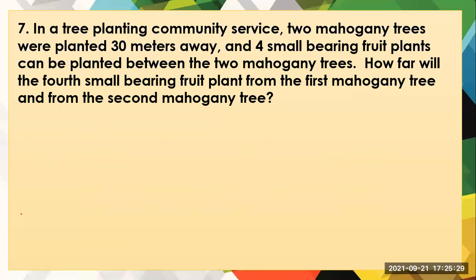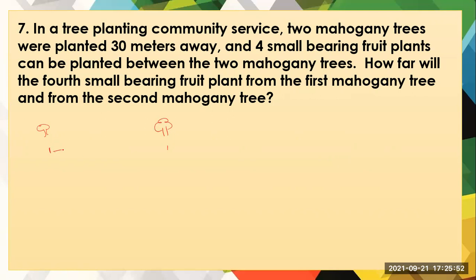As you can see, you can visualize that I have 2 trees to be planted, which are 30 meters apart. For example, this is the first tree and this is the second tree. They are 30 meters apart.